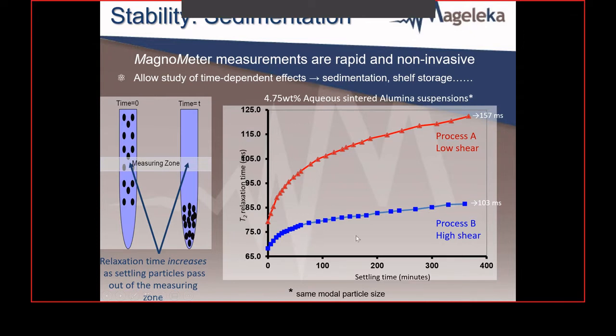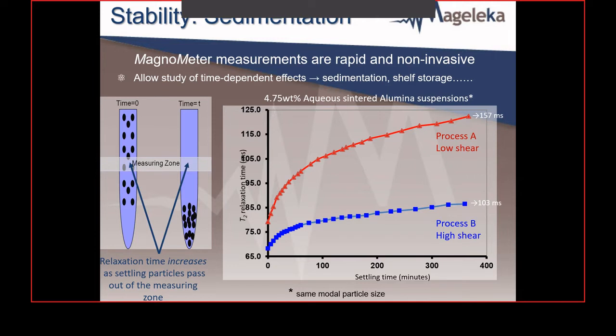Now, I truncated the data initially at 6 hours, but I left the sample there and brought it back after 3 days, and after 3 days there's still a major difference between the relaxation times. And this says that there is a considerable fraction of fines remaining in the suspension. Now, the T2 relaxation time is a surrogate for the surface area to volume ratio.